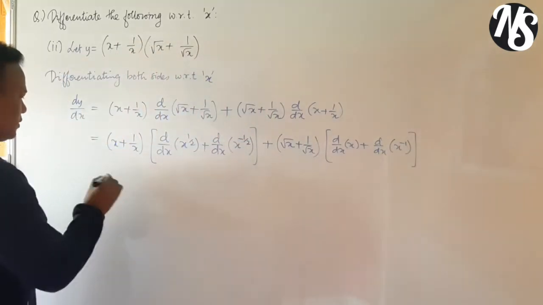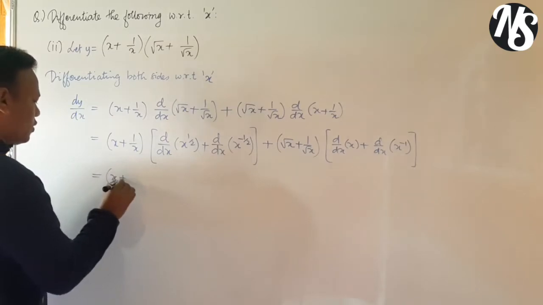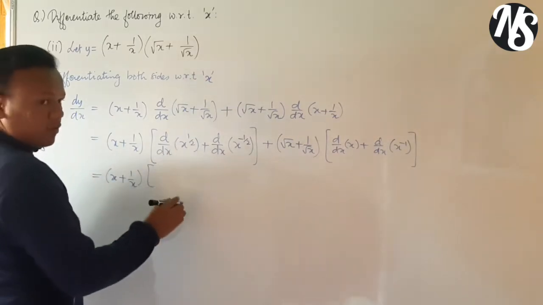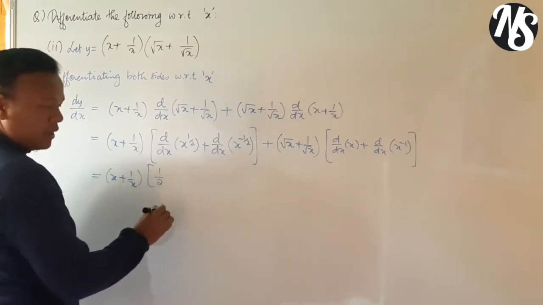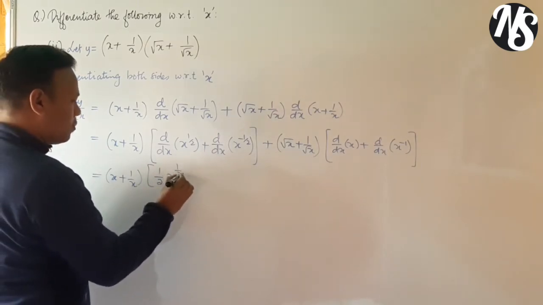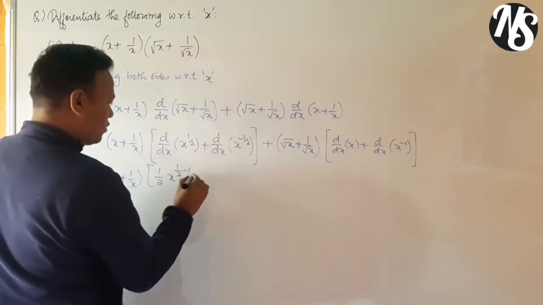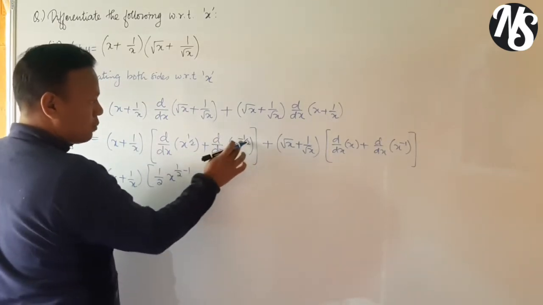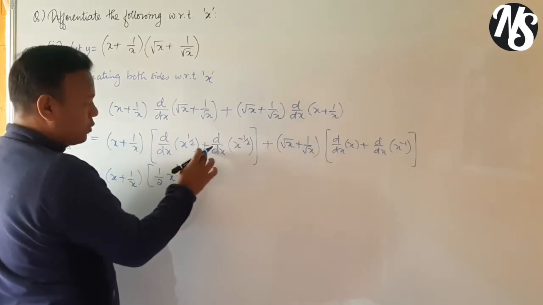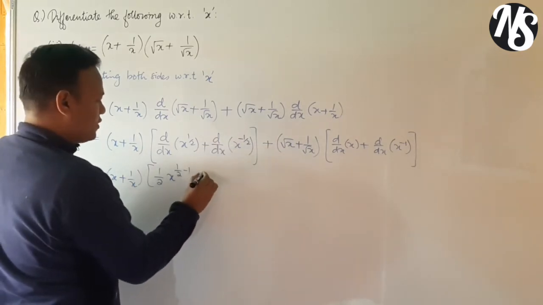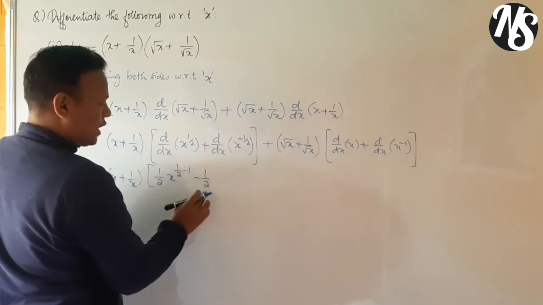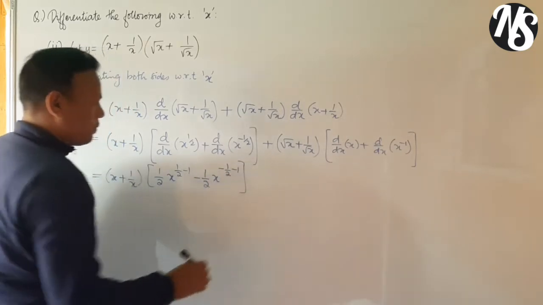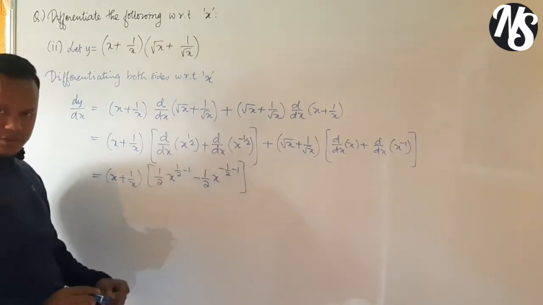Okay, now let's simplify. So we have x plus 1 by x here. So differentiation of x to the power half will be n into x to the power n minus 1. Same thing goes here. So n, that is this comes front because minus half, isn't it? So plus into minus half is minus half. So this is n x to the power n minus 1. Okay, so this is differentiation of this part.